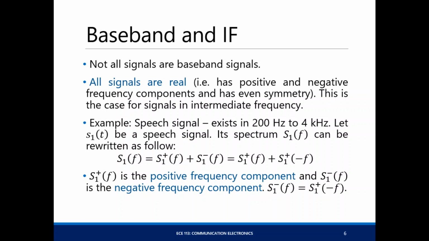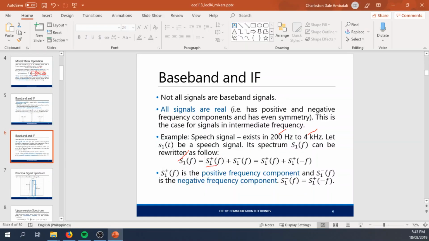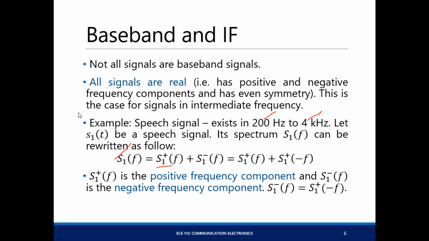So an example would be your speech signal. If S1 of t is a speech signal, let's decompose this signal into its positive frequency component and its negative frequency component.